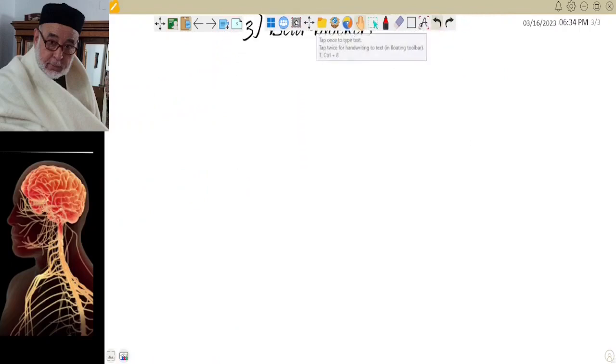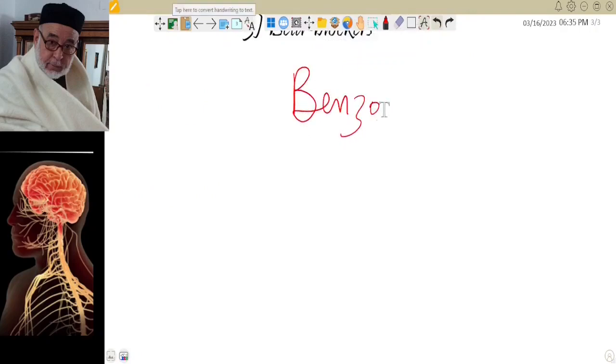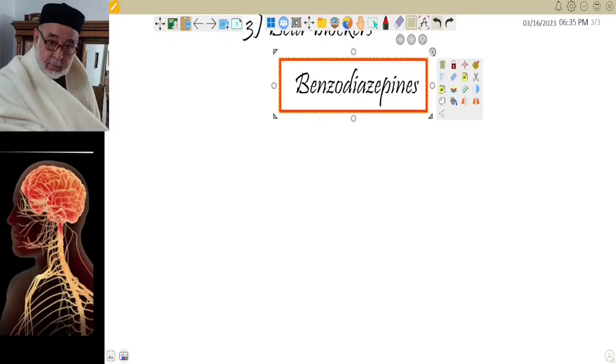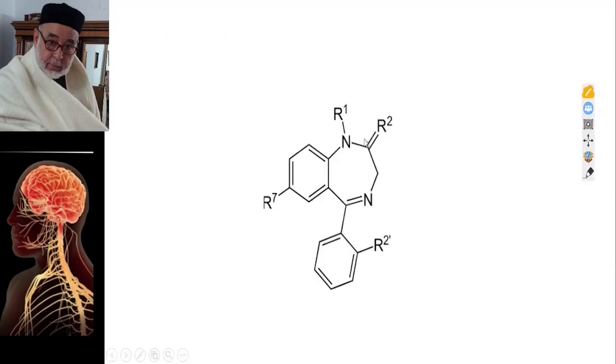So first, we'll talk about the benzodiazepines. This is the most important group, and we are going to discuss them, inshallah, in detail. Why are they known as benzodiazepines? As we can see, this is the main structure of a benzodiazepine.